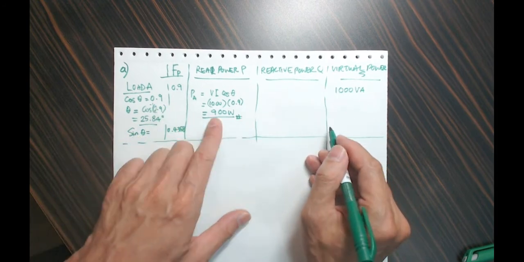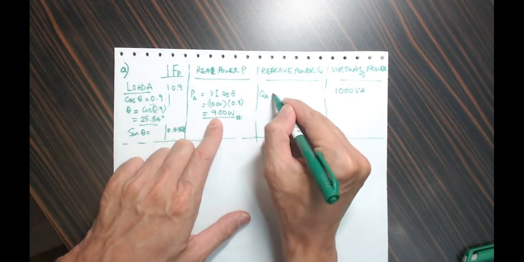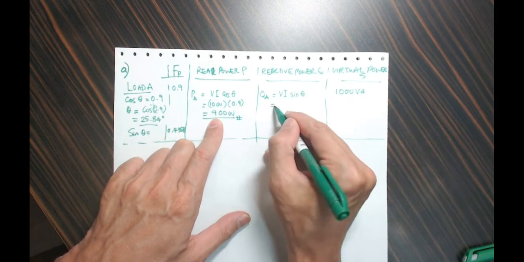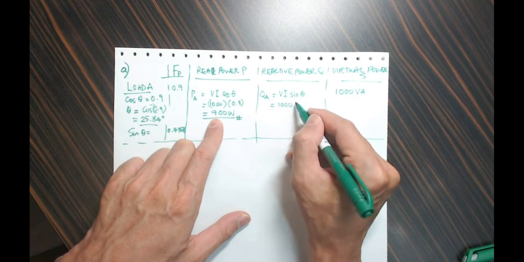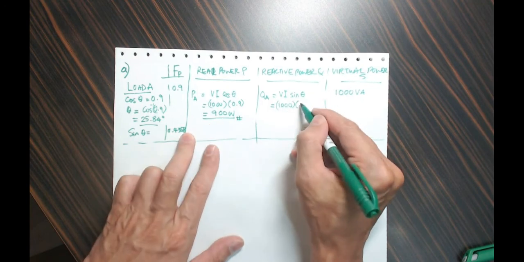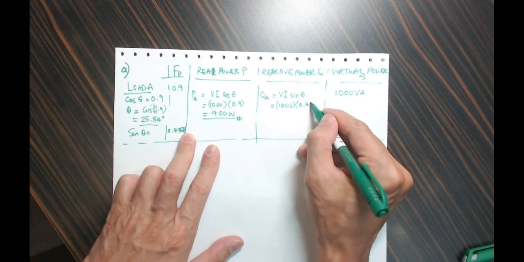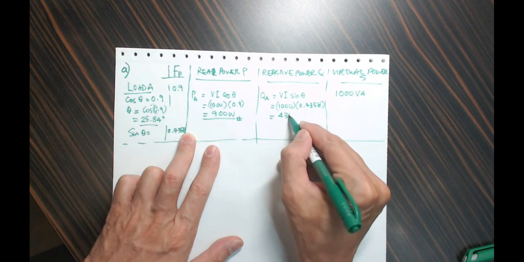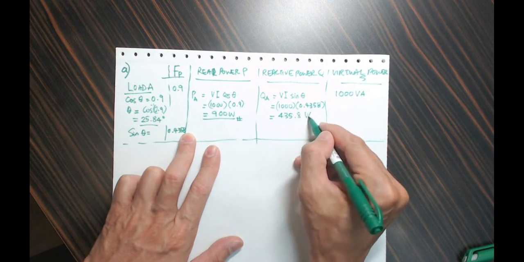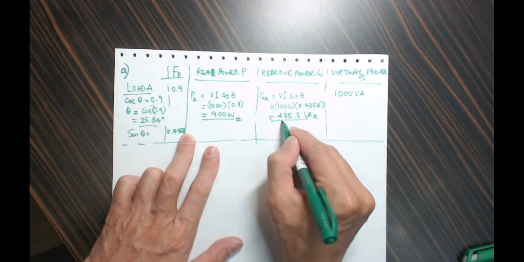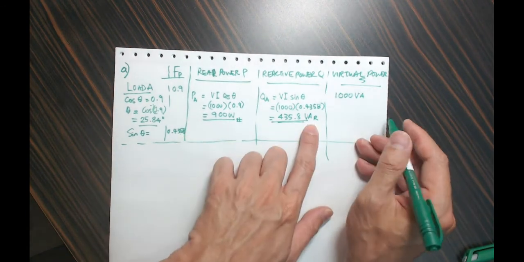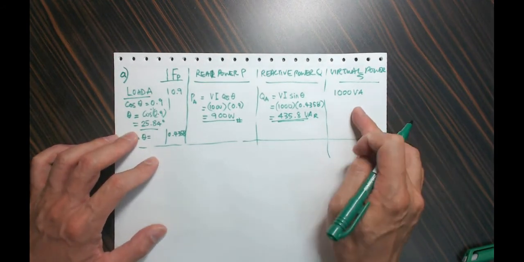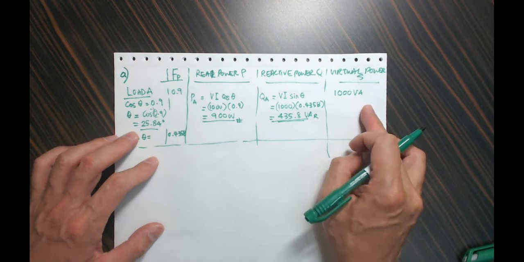And reactive power, QA, is just VI sine theta, which equals 1000 multiplied by 0.4358. That gives me 435.8 VAR. The unit we give for reactive power is VAR. And the virtual power is 1000 VA.